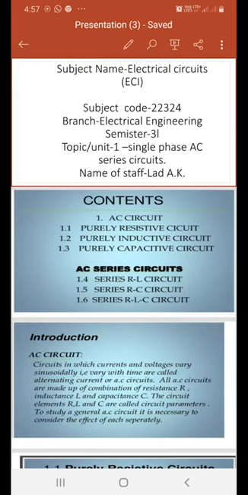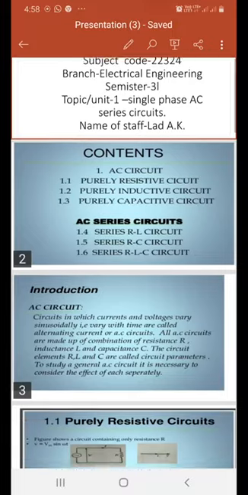Purely resistive circuit, purely inductive circuit, purely capacitive circuit. AC series circuit, in which points are series RL circuit, series RC circuit, series RLC circuit.